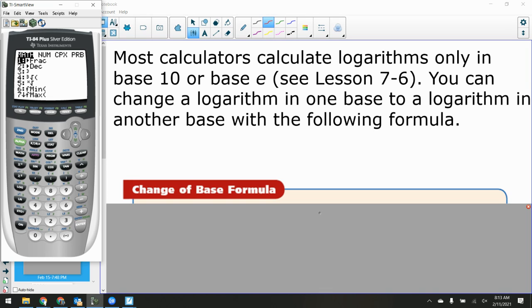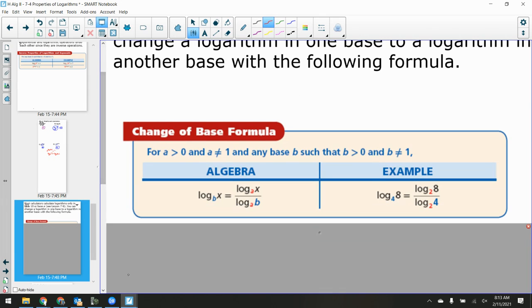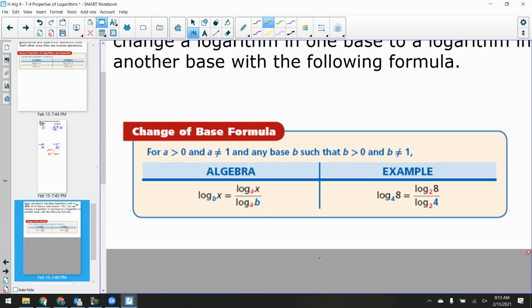So everybody watch, just in case you have a red calculator or something like that, and you can't possibly use your log base function. What we actually have is what's called the change of base formula. This is really cool.